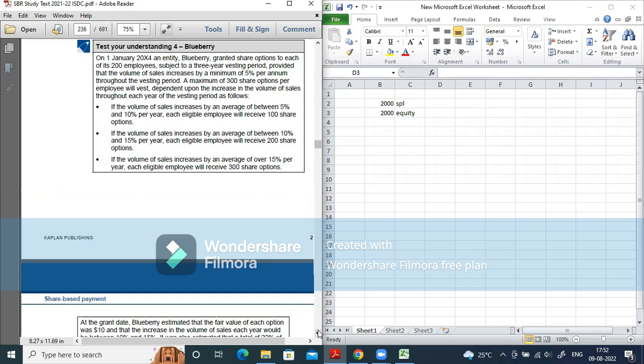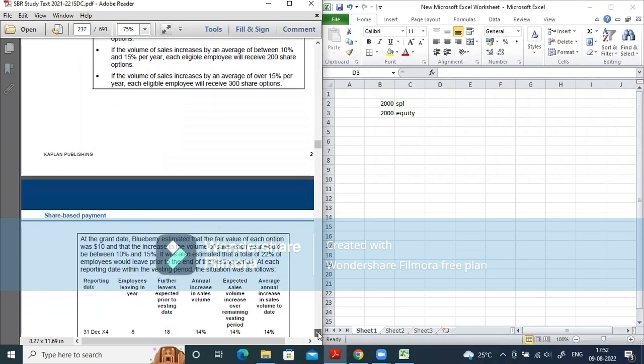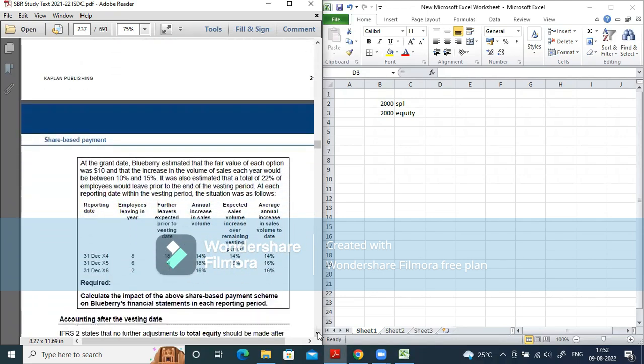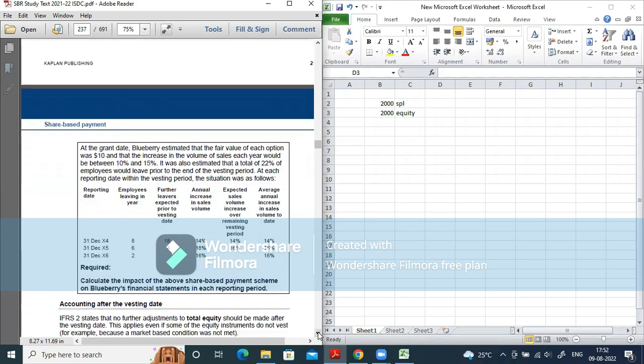And if over 15% per year, each eligible employee will receive 300 share options. Now at the grant date, Blueberry estimated that the fair value of each option was $10, and that the increase in the volume of sales each year would be between 10% and 15%.